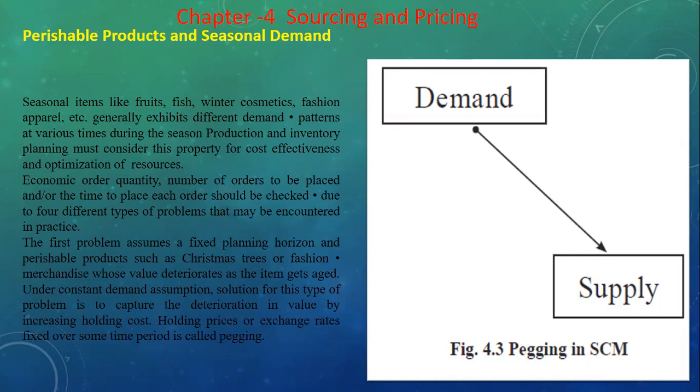The perishable products are kept in storage and take inventory charges, because these are seasonal products that can be demanded at a specific time. Products like fish, fruits, winter cosmetics, and fashion apparel generally exhibit different demand.